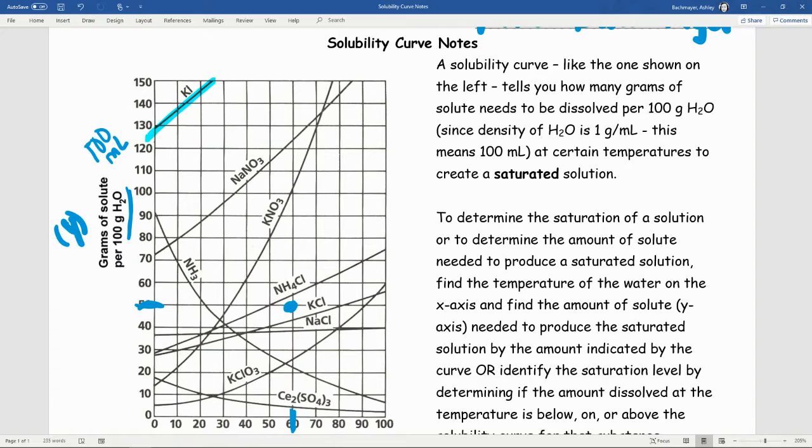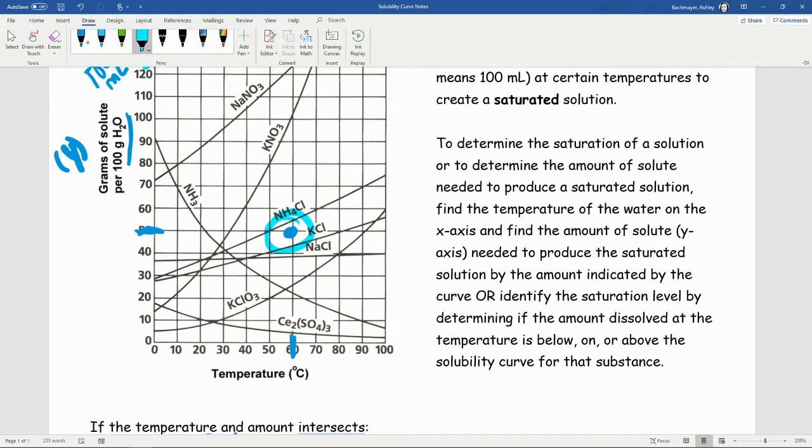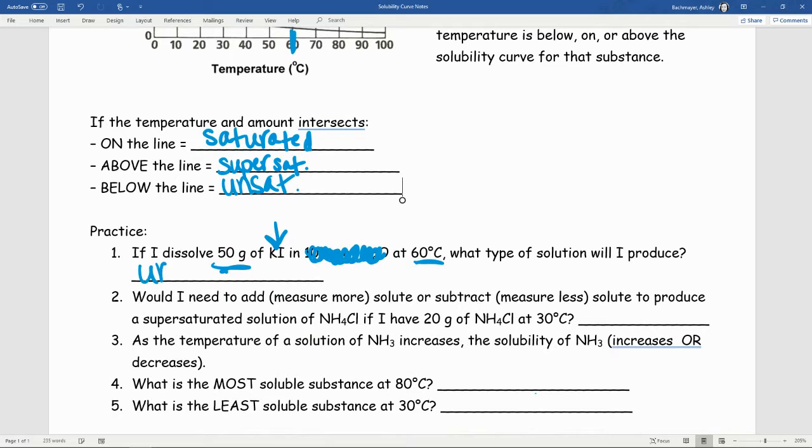Here's my KI, so there's my saturation line. Here's our point way down here. Is it on the line, above the line, or below that line? It is clearly below the line. So since it is below the line, it is what we would call an unsaturated solution. So that one would be unsaturated.